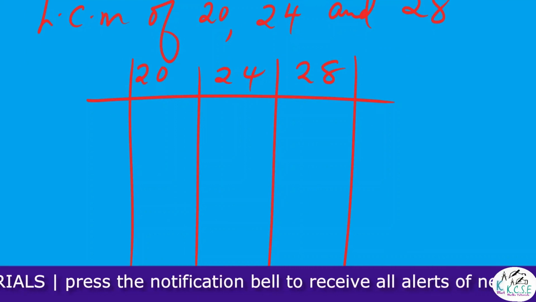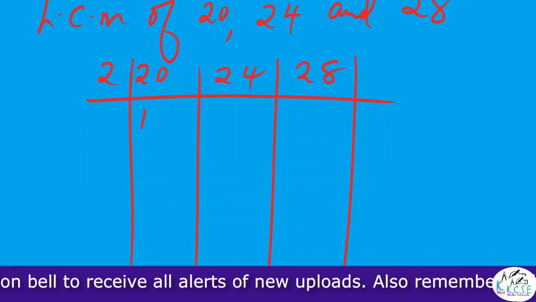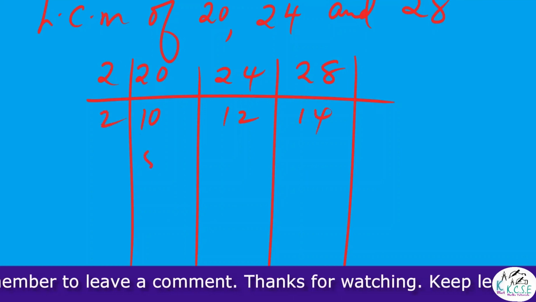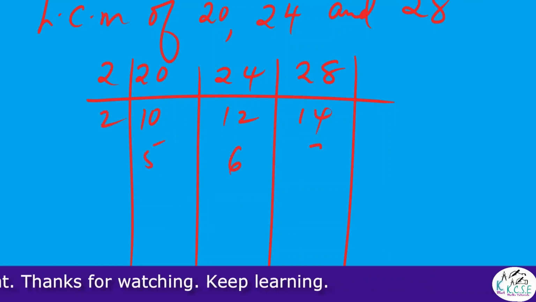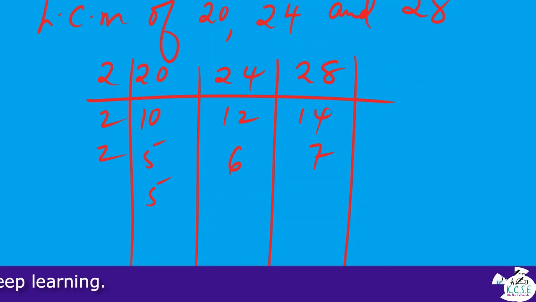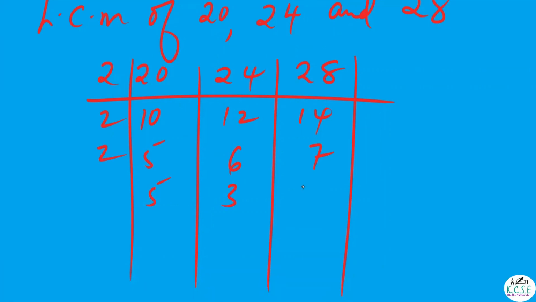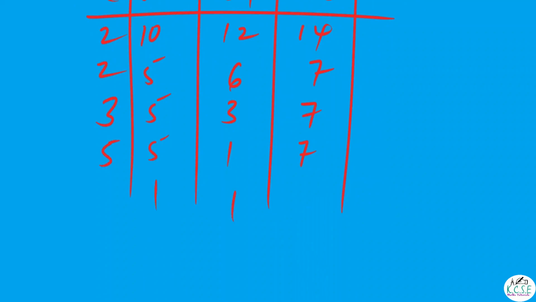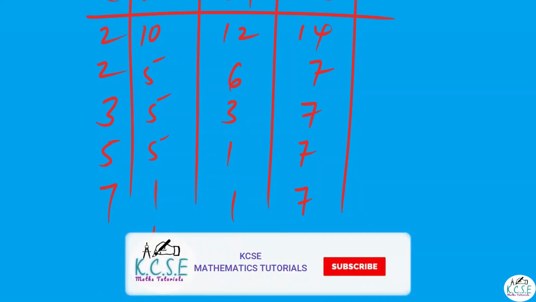So we start by dividing everything by 2. This is 10, 12, 14, then by 2, 5, 6, 7, then by 2 again. This will be 3, 7, then by 3, going to be 5, this is 1, 7, then by 5, 1, 1, 7, and lastly by 7 we get 1.